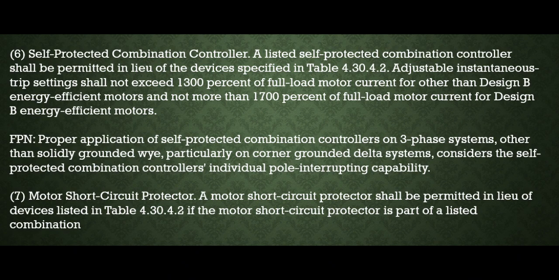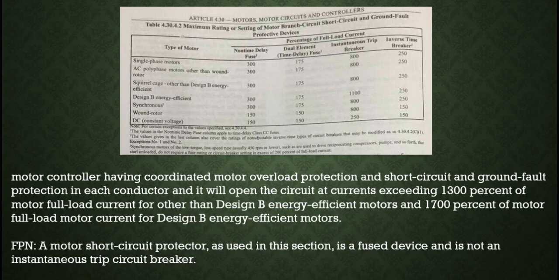And also, motor short circuit protectors are allowed if part of a listed combination. And next, it presents Table 4.30.4.2 and shows the maximum ratings for motor branch circuits. It lists percentage for fuses and breakers based on motor type.